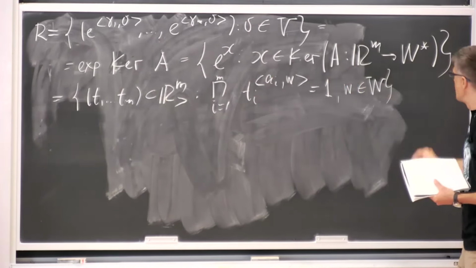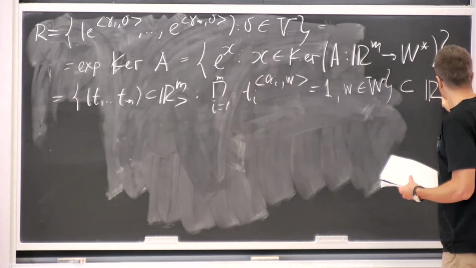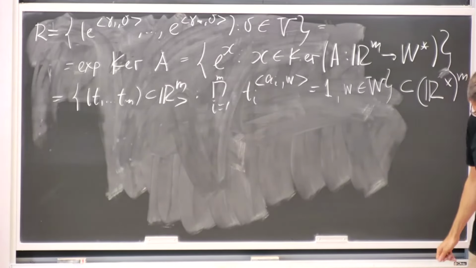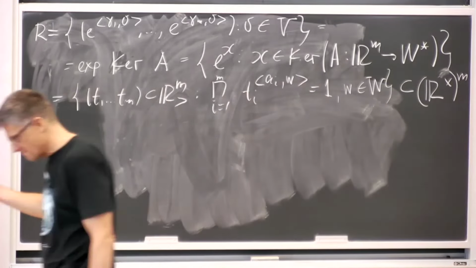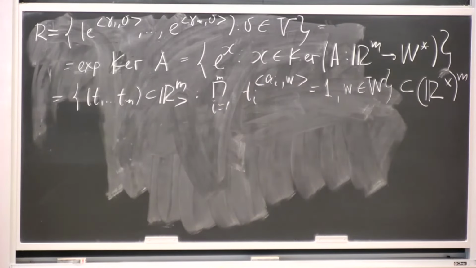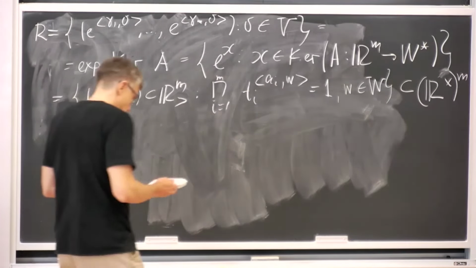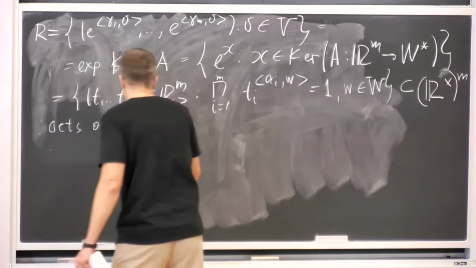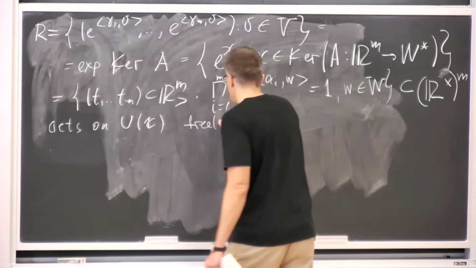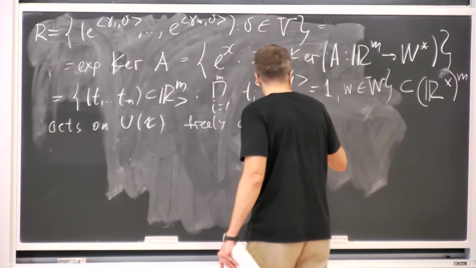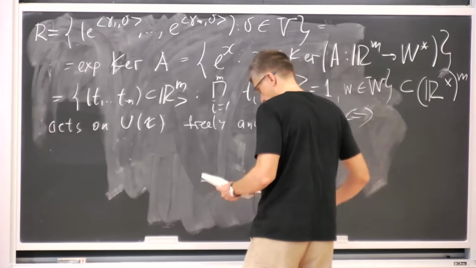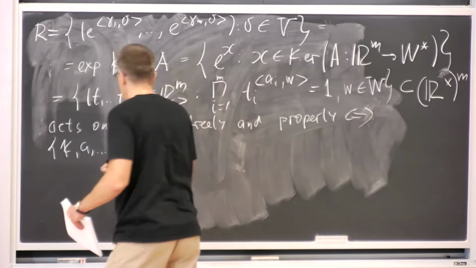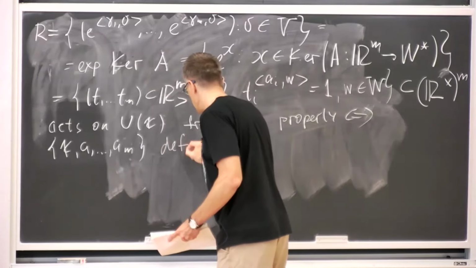So this is a subgroup in the real m-dimensional multiplicative group of m tuples of reals. A real algebraic torus. And that theorem says that it acts on U of K freely and properly if and only if this data defines a simplicial fan.